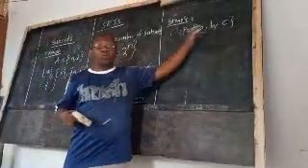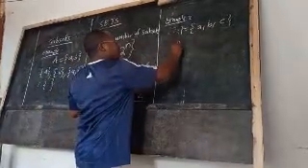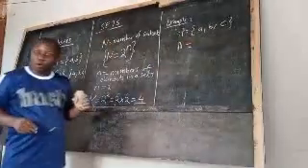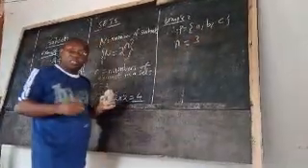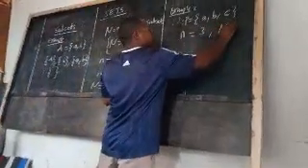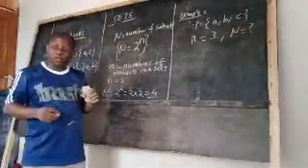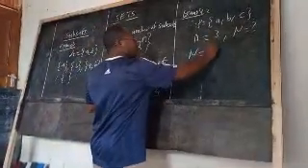We have 3 elements. So small n, which is the number of elements in this set P, is 3. Then we are required to find the number of subsets, which is N. So N is equal to 2 power n.